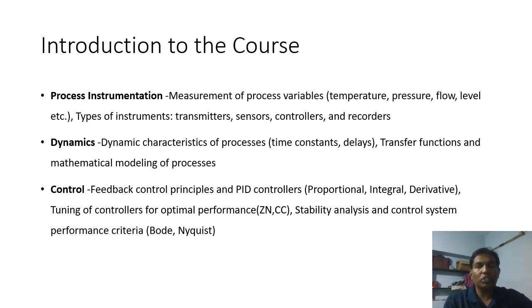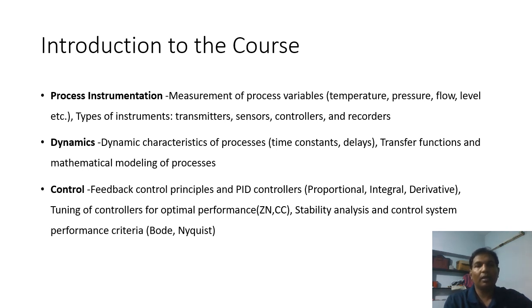So the instrumentation part that we are going to see here is the different types of instruments used for measurement of the process variables. Here the process variables I refer to are temperature, pressure, flow, level, etc. There are many instruments used to measure these process variables.